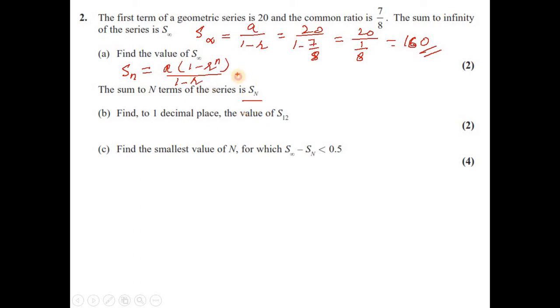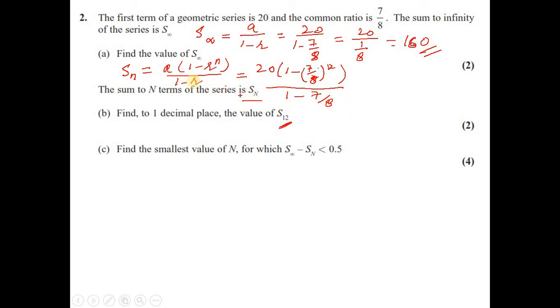So you can substitute the values. So 20 times 1 minus 7/8 to the power 12, because we need to find S12. So n is equal to 12, divided by 1 minus 7/8.